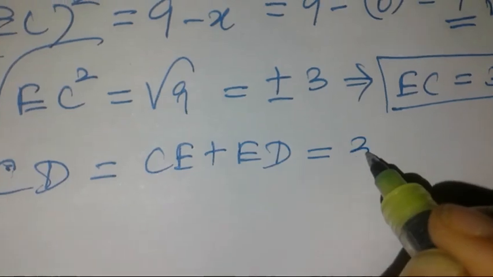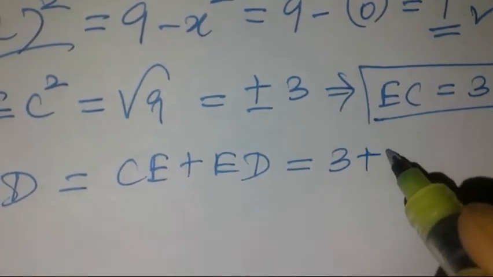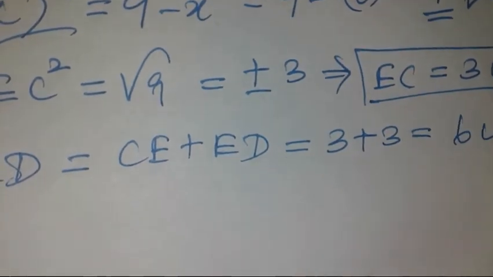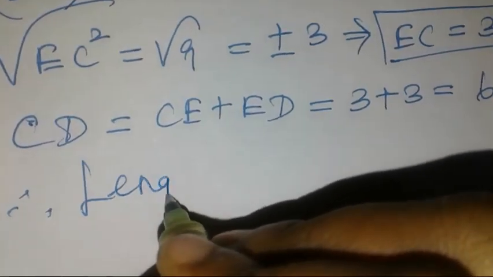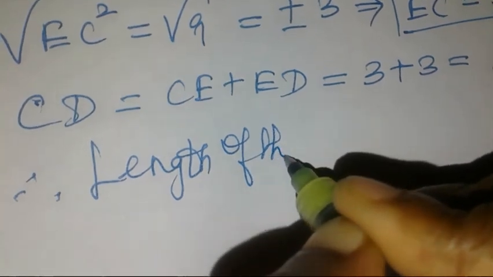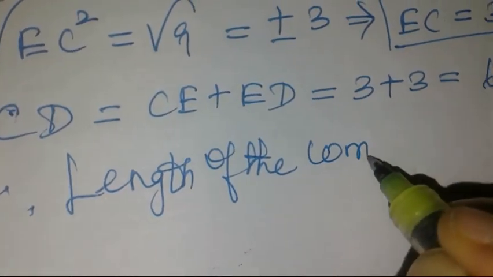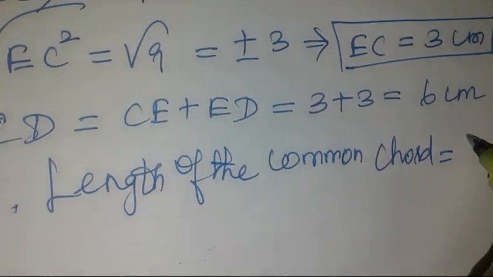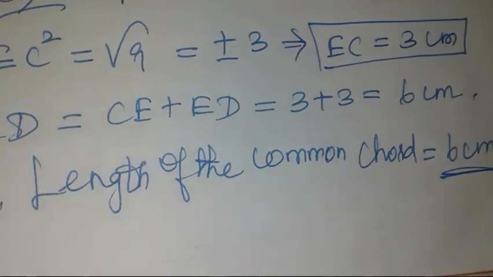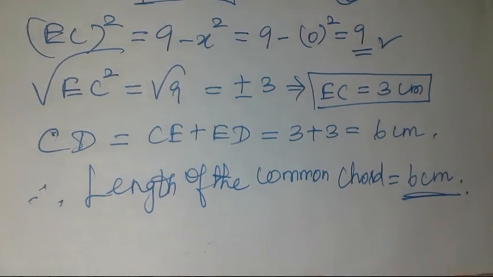CE is 3, which means ED is also 3. 3 plus 3 is 6 centimeters. Therefore, the required length of the common chord is 6 centimeters. Thank you, children.